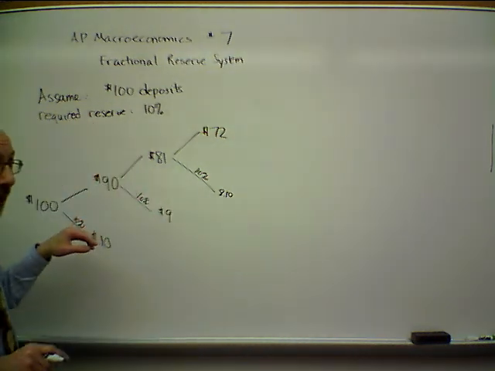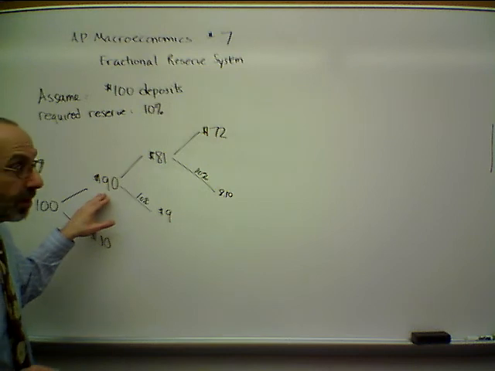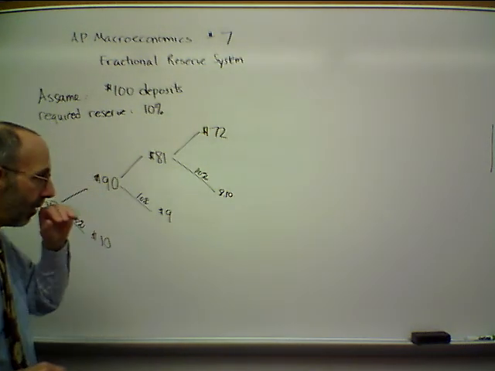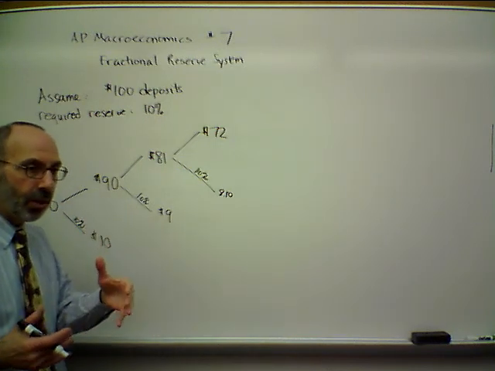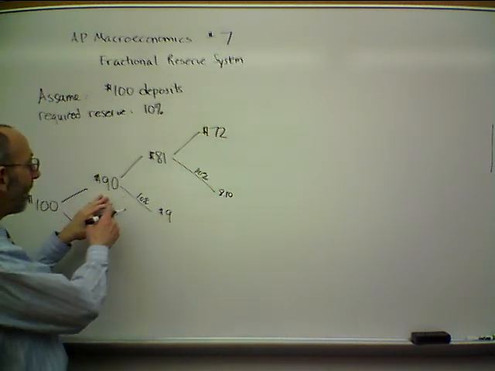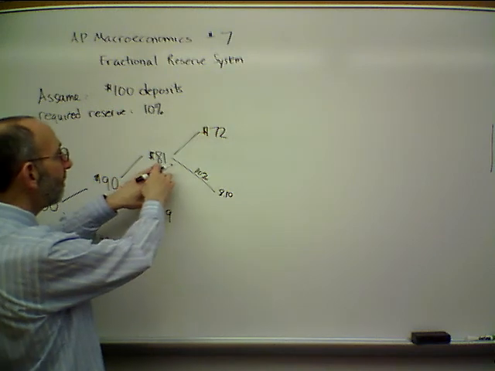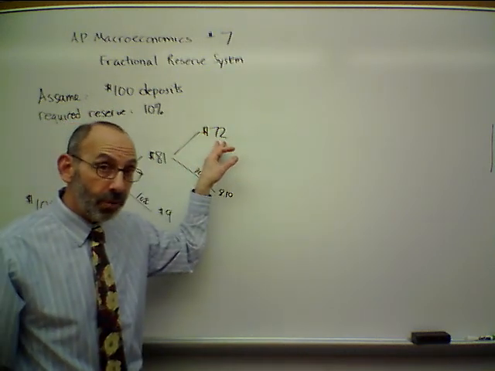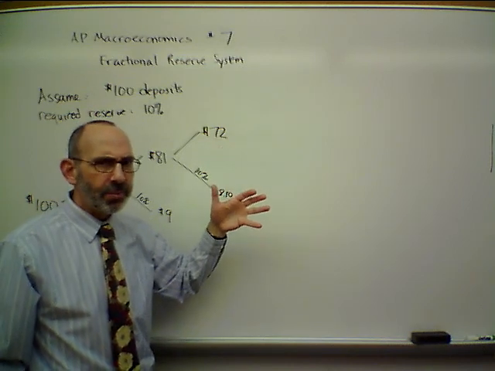But the bank now has these loans that they've extended, and loans, we say, are an asset for the bank. An asset, they're a good thing, they're producing value over time. And the bank has 90 and 81, $171, $243 of loans.